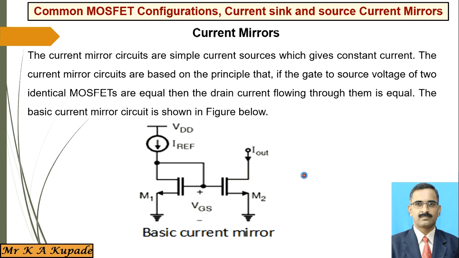So this equal current is nothing but your current mirror. Whatever current flows in the drain terminal of M2 is the same for M1, so it is called the current mirror.